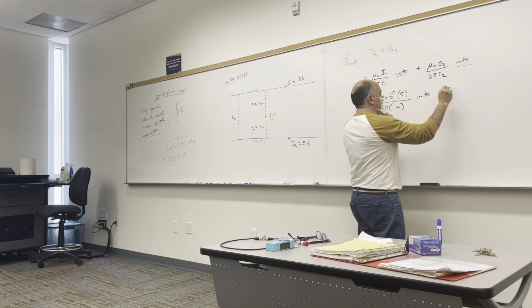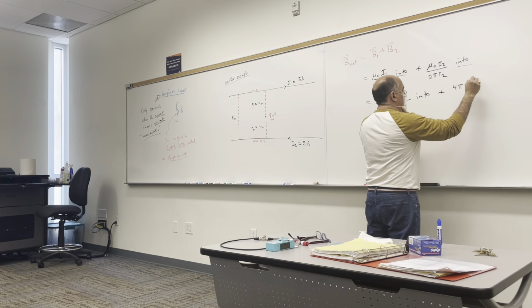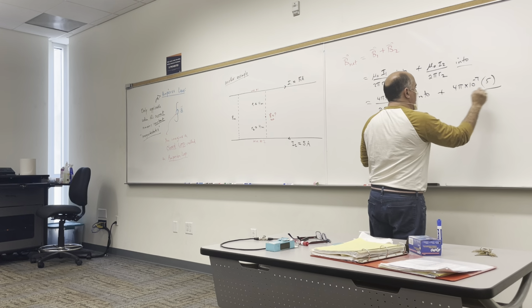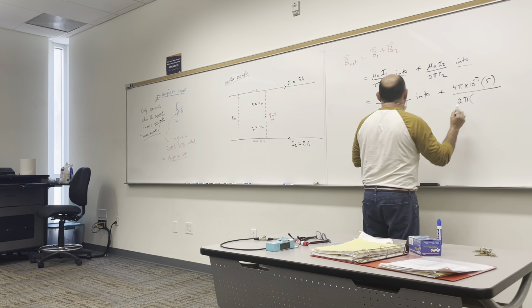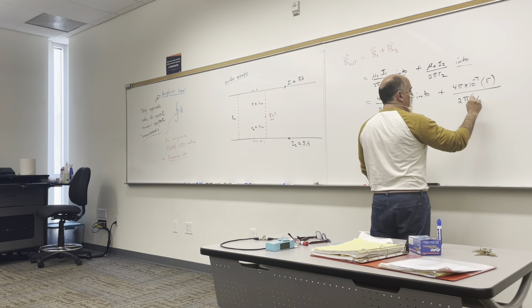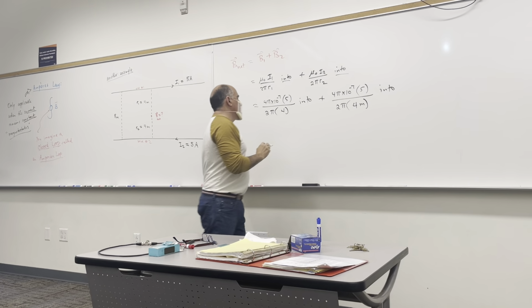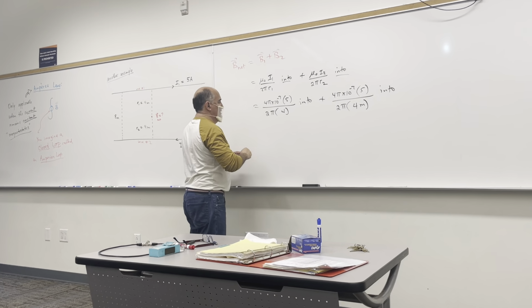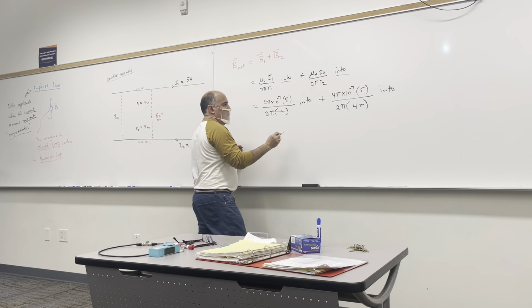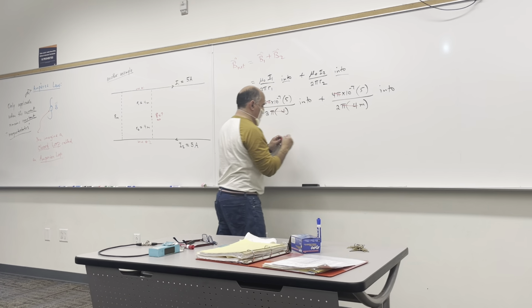Plus, the other one is 4 pi times 10 to the minus 7. I also made the current 5 amps. And this is 2 pi, and R2 for the other one is also 4 meters. And this is also into the board, right? So notice that this 4 pi cancels those 4 pi, and this 4 pi cancels those 4 pi.